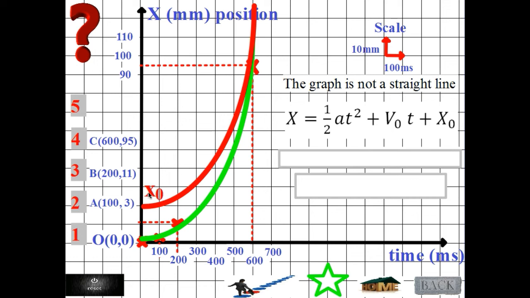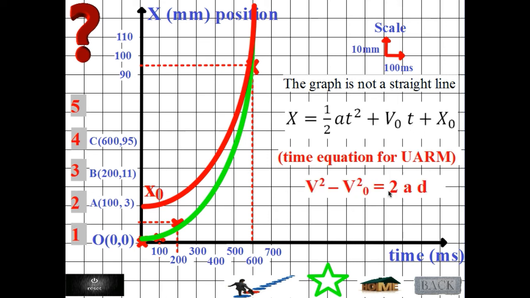We have a value x0, and we should add it here. So the time equation for uniform accelerated rectilinear motion is x equals half a t squared plus v0 t plus x0.